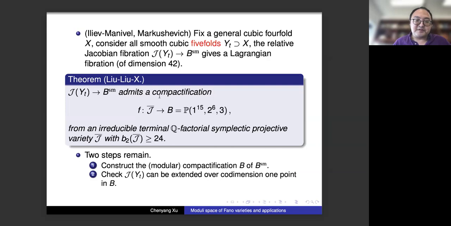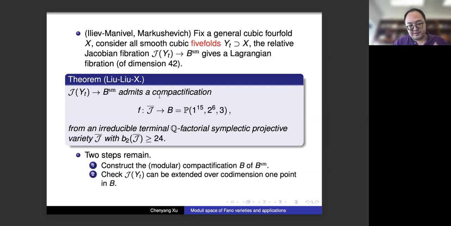So basically, this Iliev, Manivel, Markushevich Jacobi fibration actually admits a compactification, which is an irreducible symplectic variety, terminal Q-factorial, and the base now is not a projective space; it's only a weighted projective space.